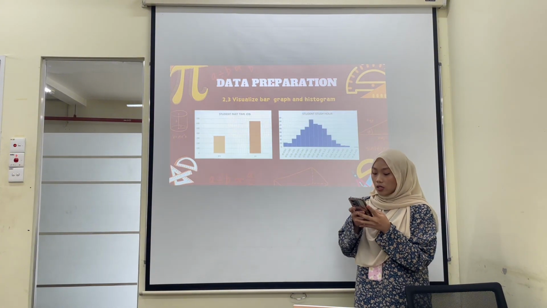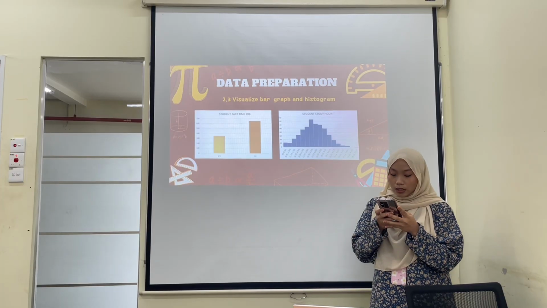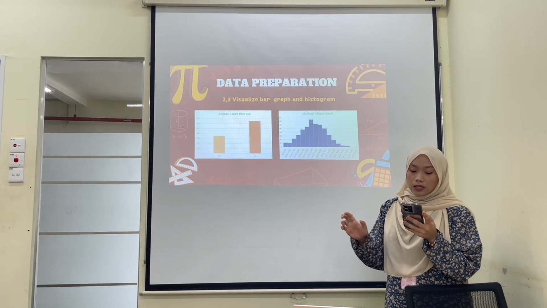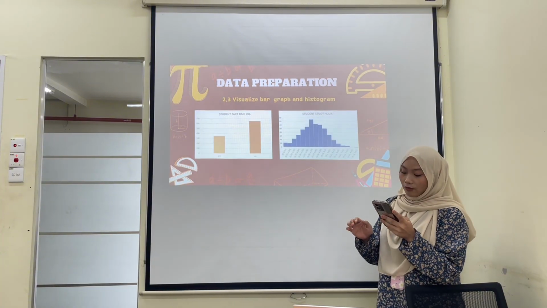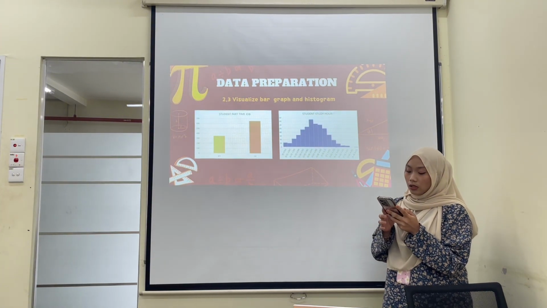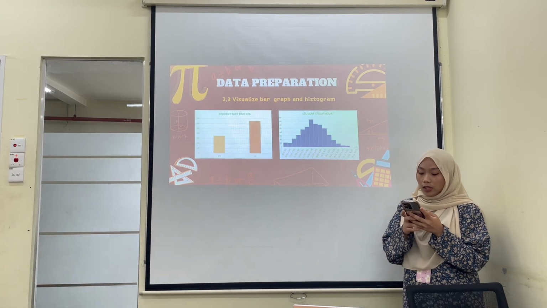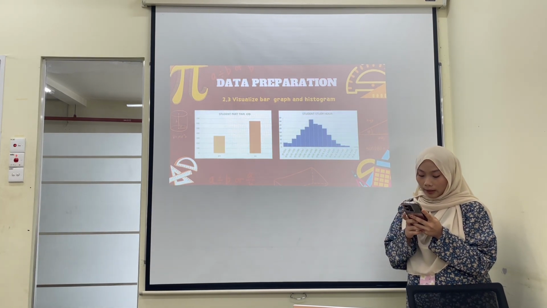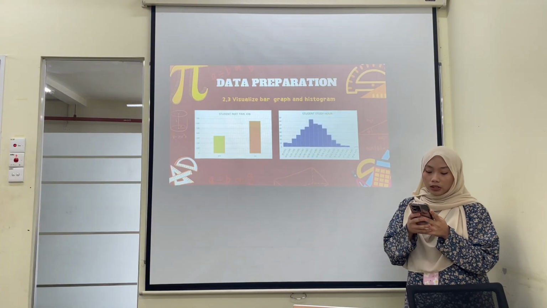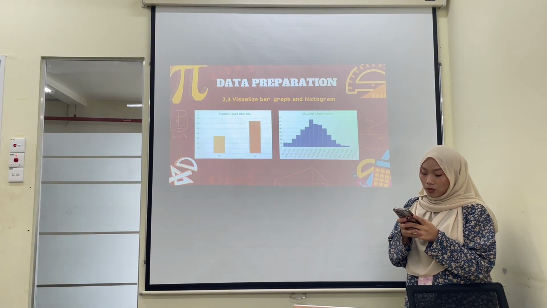The yes category, students who do have a part-time job, sits around 350. On the right side, it shows the distribution of student study hours, where the data clearly shows a normal bell-shaped distribution.